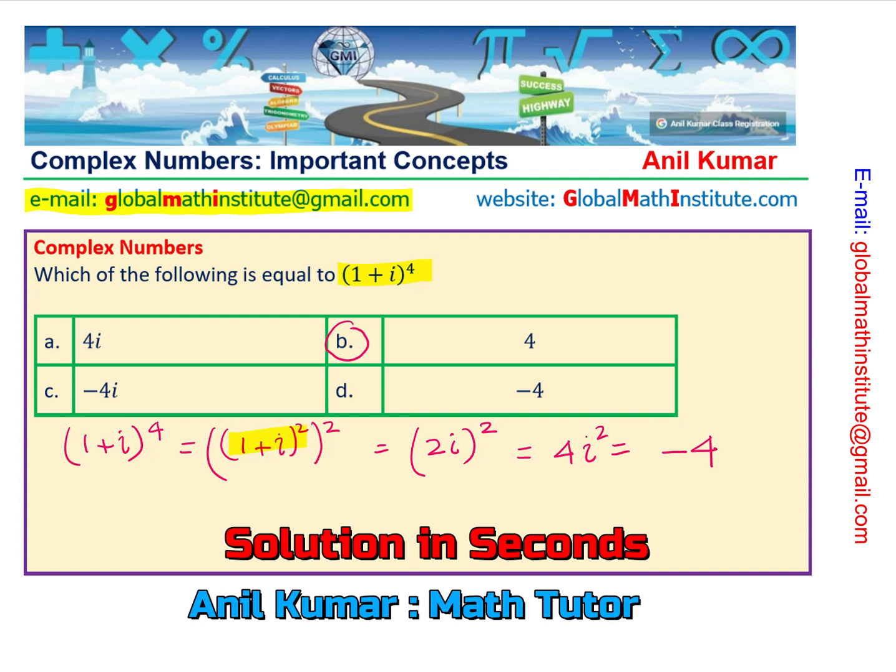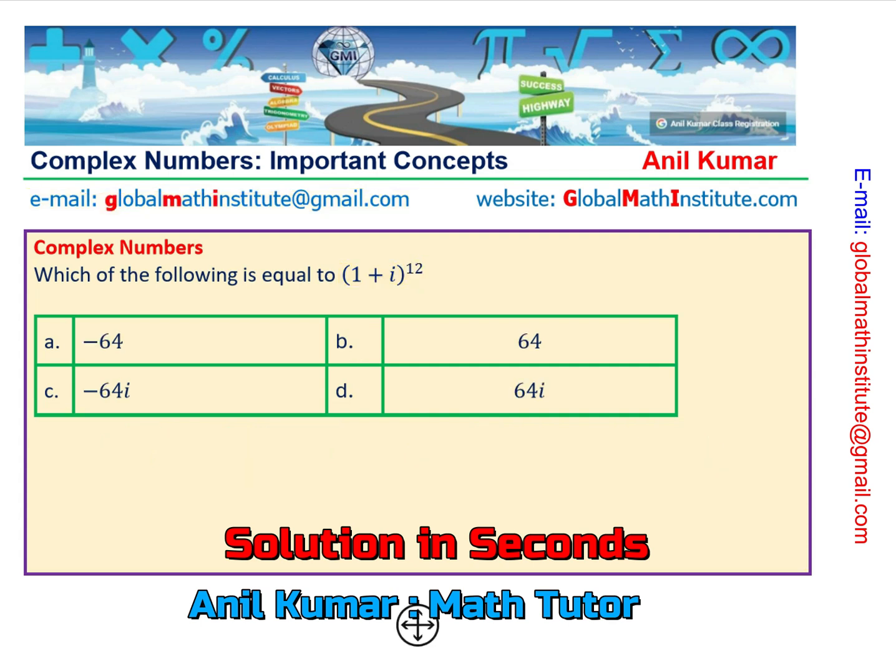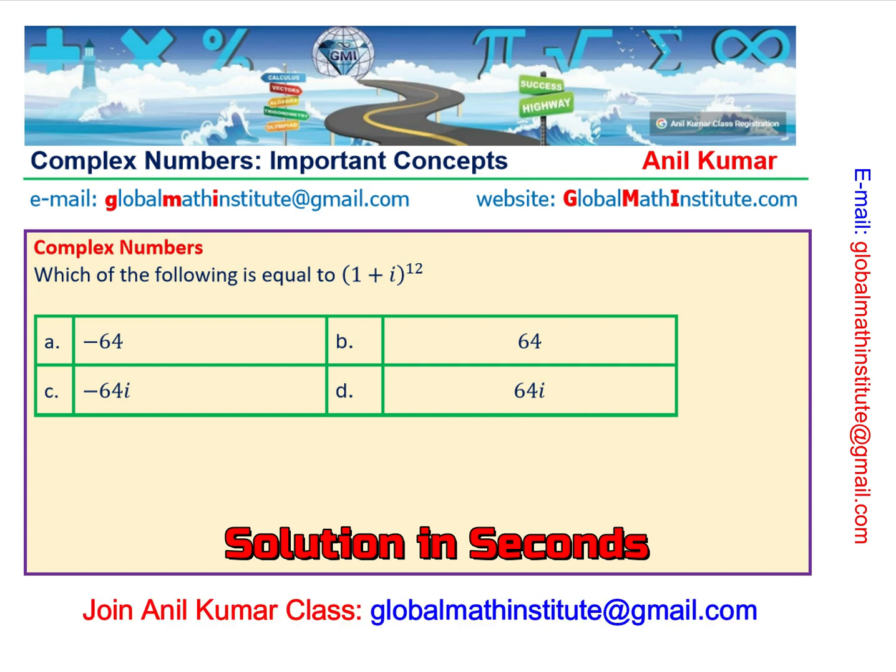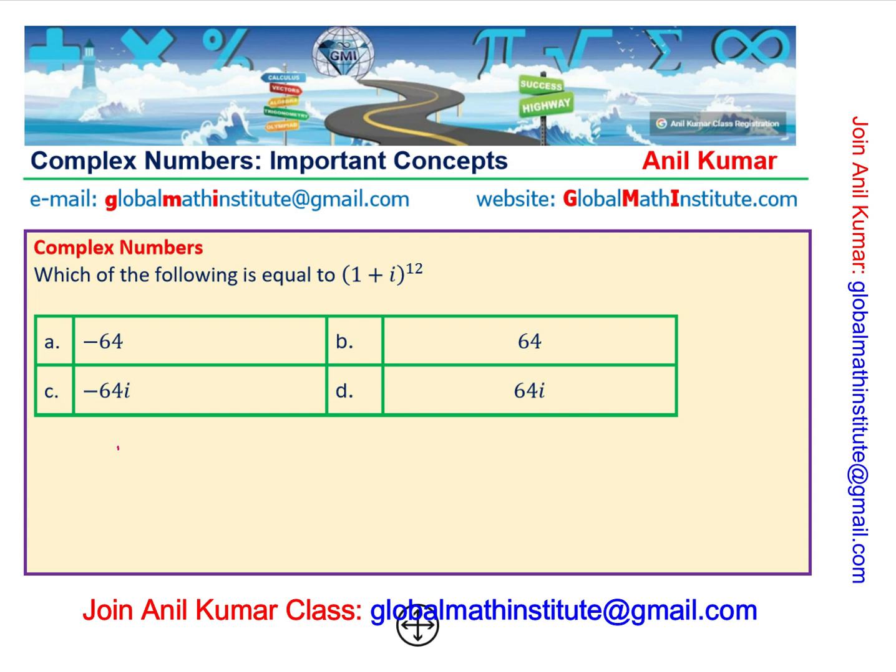So now that brings us to our test question, which is (1 + i) to the power of 12, how much? Well, we could have done it in many different ways. One of them: I could write (1 + i) to the power of 12 as (1 + i) squared to the power of 6, since 6 times 2 is 12, right?